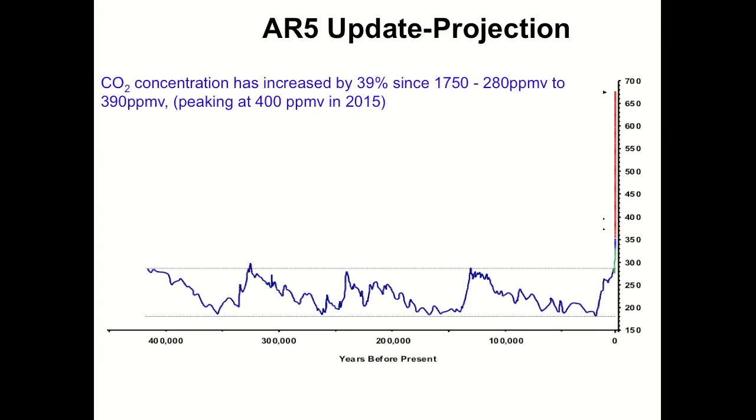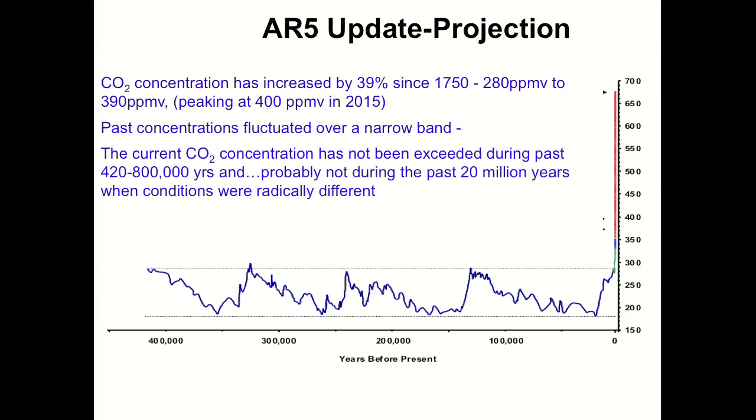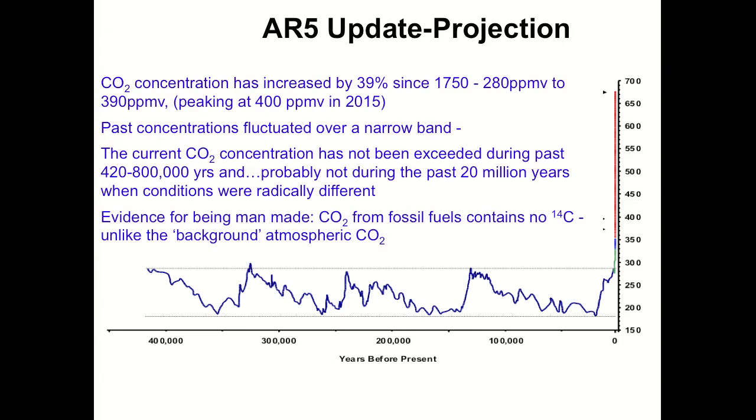And again, if you looked at those previous graphs, we said CO2 concentrations to 2005 had increased by 35% since 1750. Now the numbers are around 39%. And there is some evidence to suggest that these concentrations have never reached this level, even as far back as 20 million years.